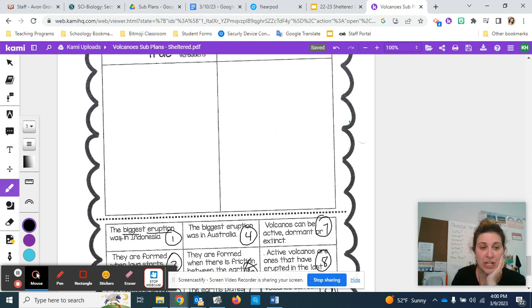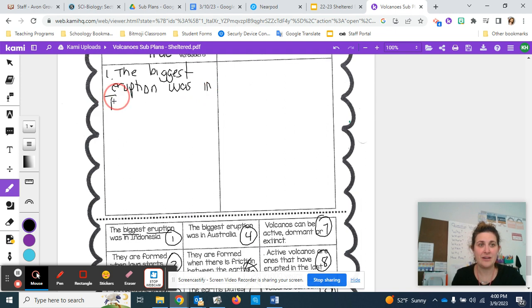The biggest eruption was in Indonesia. Es verdad. Número 1. The biggest eruption was in Indonesia. Y continuar.